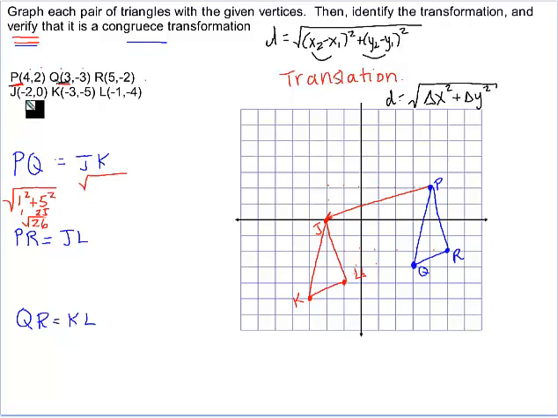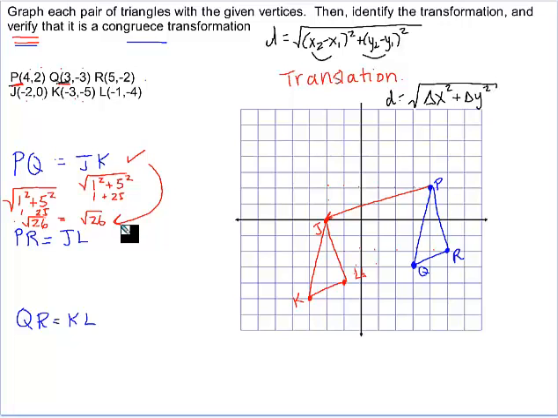JK. From negative 2 to negative 3, our x's change 1, so 1 squared, plus from 0 to negative 5, our y's change 5, so 5 squared. So 1 squared is 1, 5 squared is 25. When we add those two together, we get the square root of 26. So here, PQ is equal to JK. We verified it. There's our work.